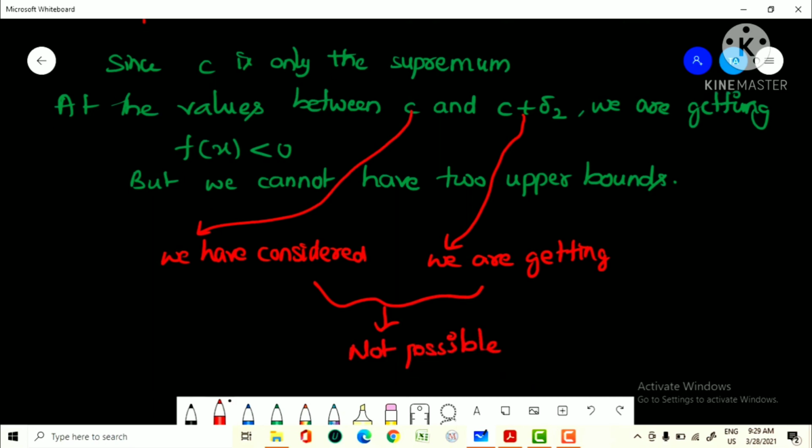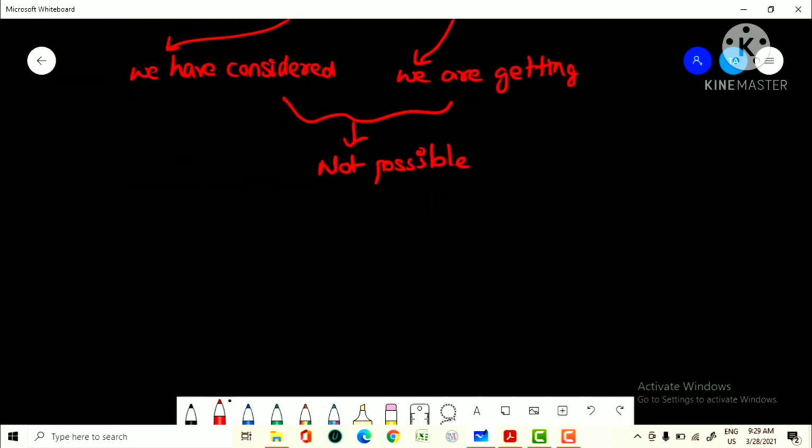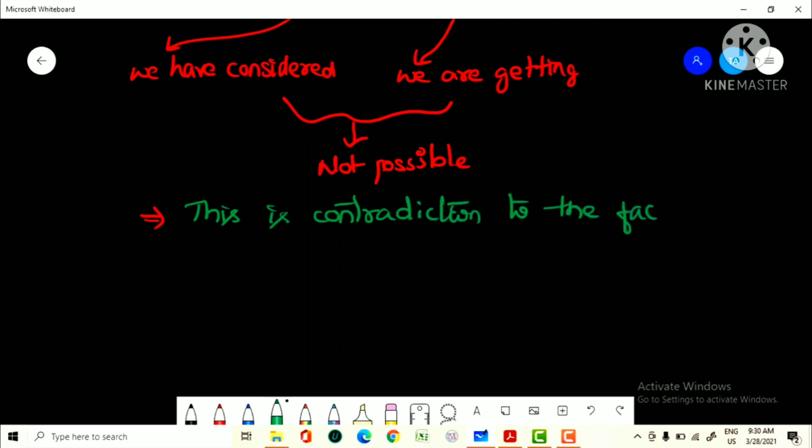This implies this is a contradiction to the fact that C is an upper bound.